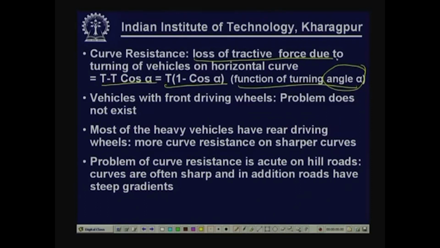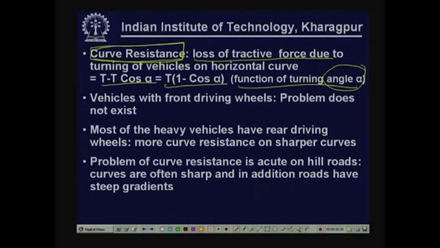This is happening only in a curve, as if because of the curve this amount of loss is occurring. Therefore, this is known as curve resistance. So, curve resistance is nothing but loss of tractive force due to turning of vehicles on horizontal curves.